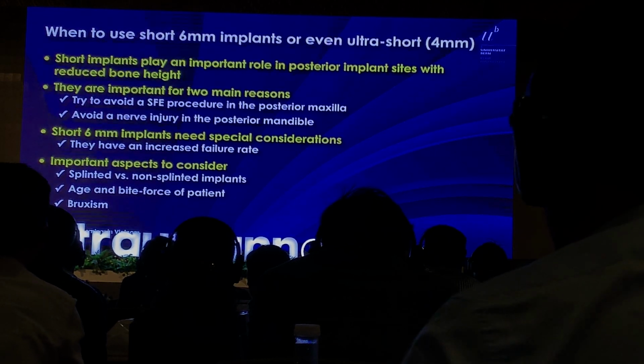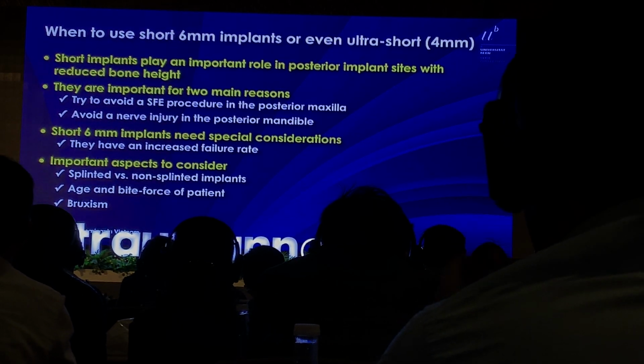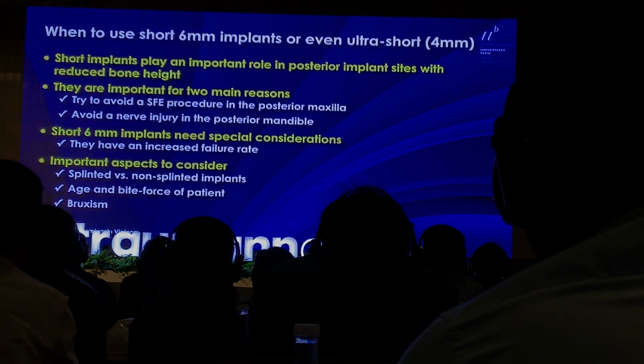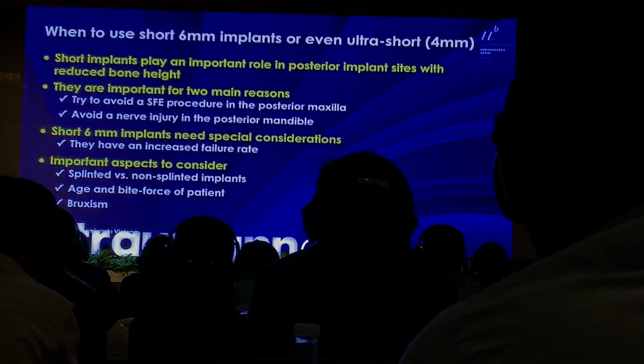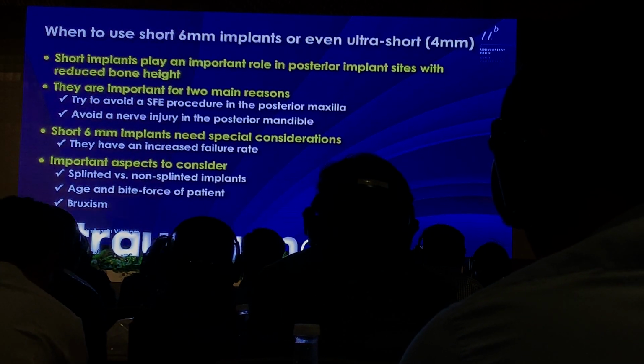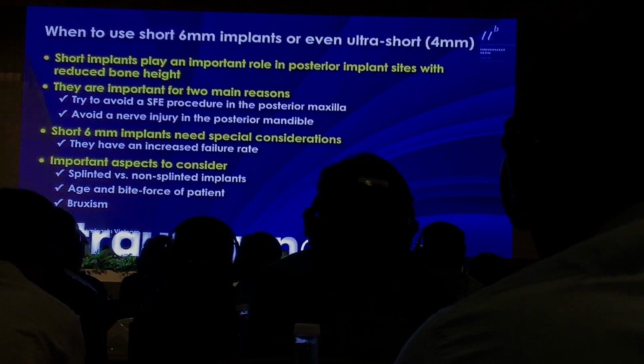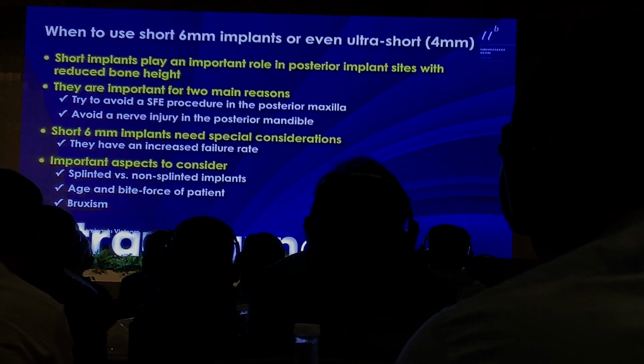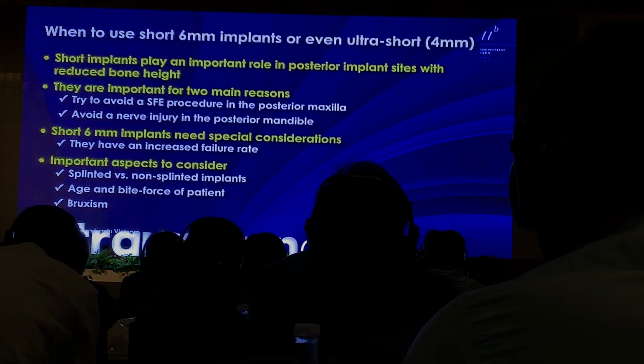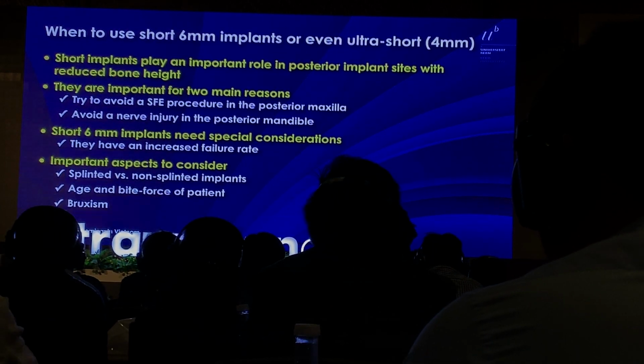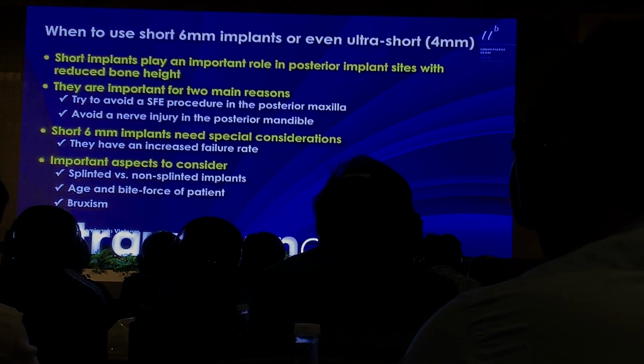And you need to consider the bruxism. Do you have a bruxing patient as a risk factor? So the bad is you see a very strong man, a strong lady, age 60 or so, with bruxism. Then you be very careful with short implants. You get them disintegrated very quickly.